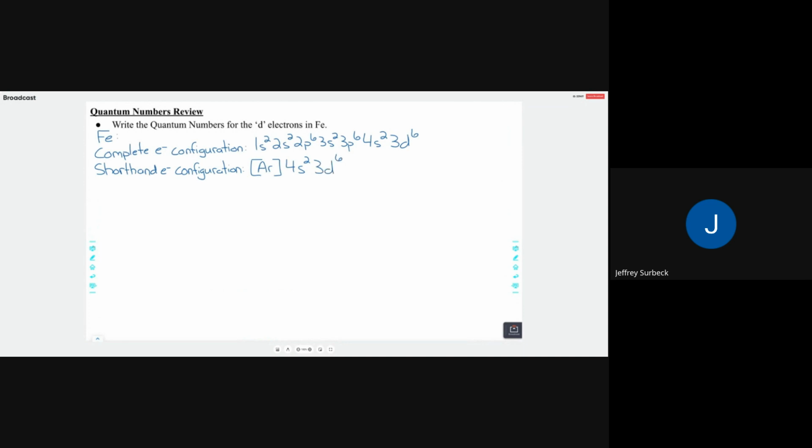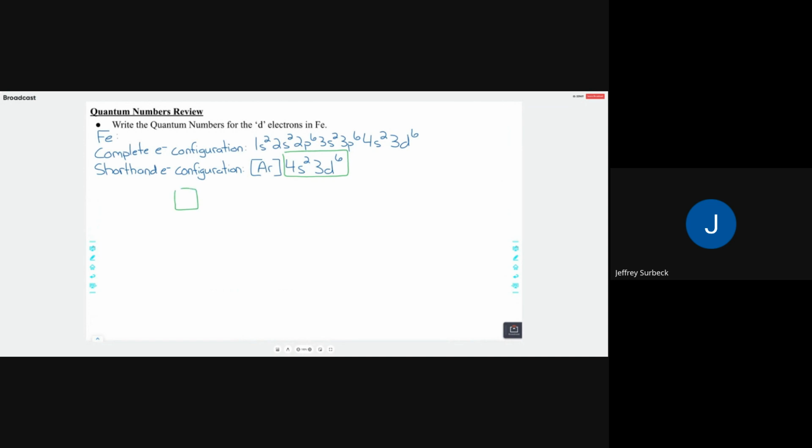Now, I want to take a moment here and write our orbital box diagrams for this last portion of our shorthand notation. I just boxed it in green here, and what we have here is our 4s. Remember, the s subshell has one orbital, and we're going to represent that with one box.